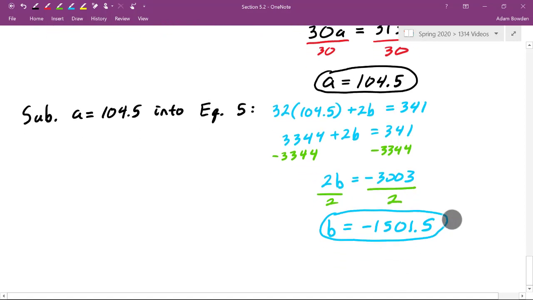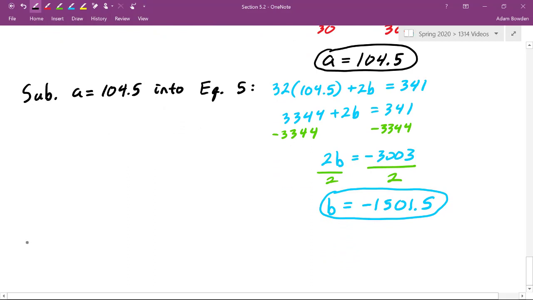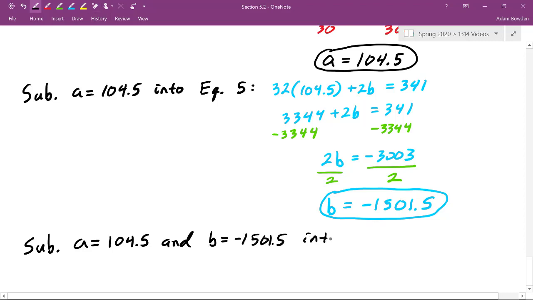Okay, and we're almost done. We just need to substitute in and figure out what c is equal to. So we're going to substitute the a, and we're going to substitute the b. I chose to substitute this in; it could go into any of the first 3 equations.